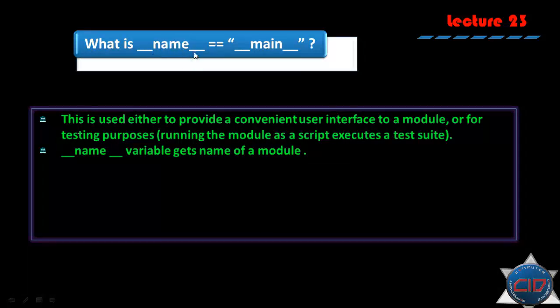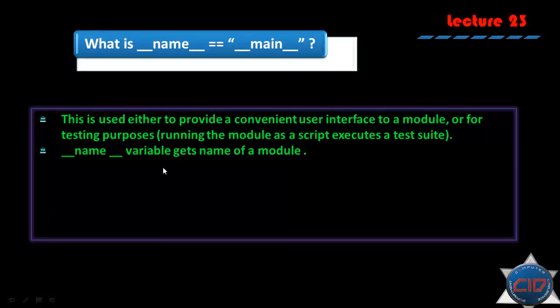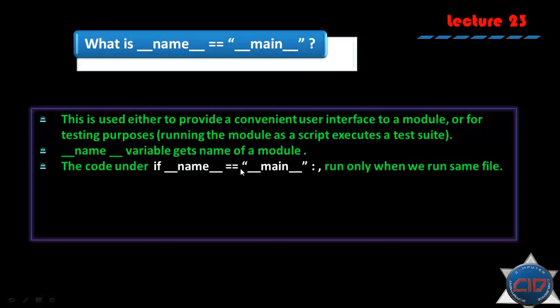Okay, and here the name variable is main when we are running that file by itself, but we are not importing that file in another file. Okay, but we can change the name of that. The code under if __name__ == "__main__", when we run anything under this, will just be executed when the file is being run by this file only.